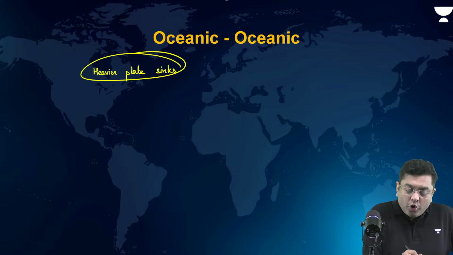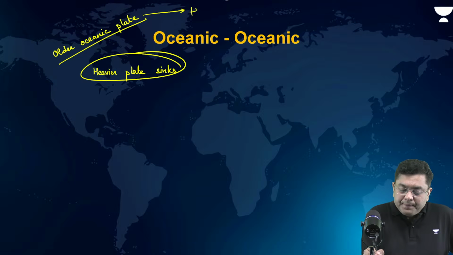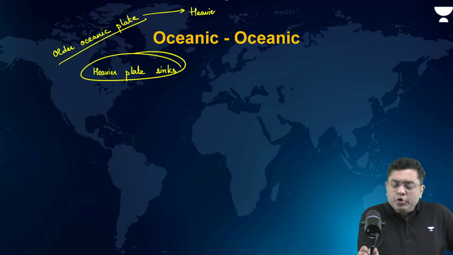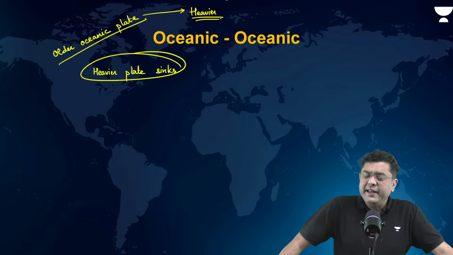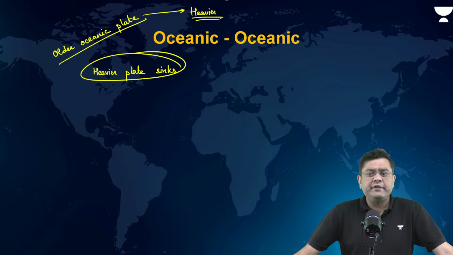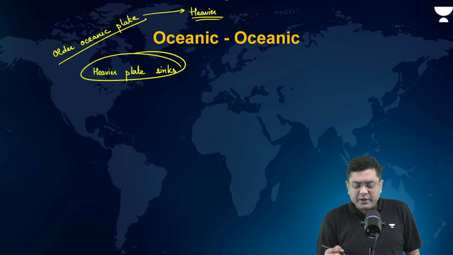Always the older oceanic plate is going to be heavier. Why? Because over a period of millions of years, more sedimentation, oxide formation, etc., would have happened, increasing the weight of it.